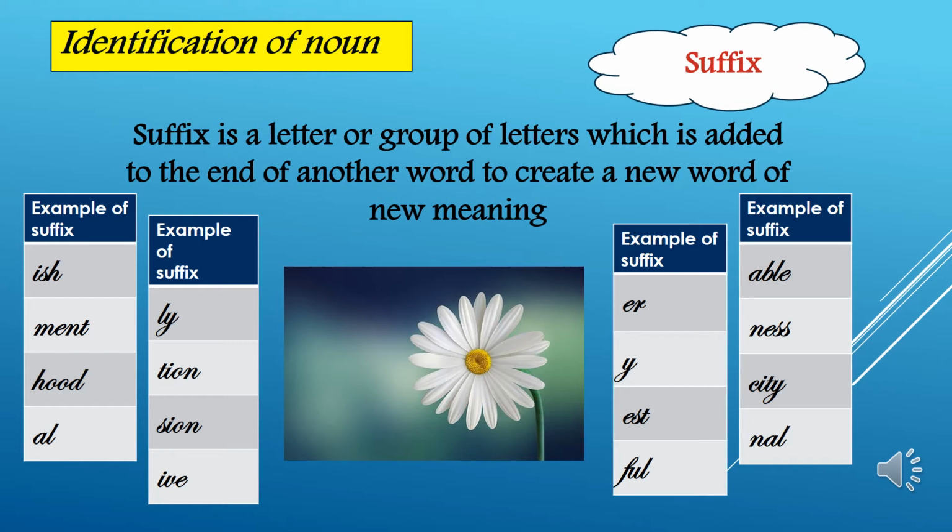To identify noun without knowing its meaning, you need to know about suffix. What is suffix? Suffix is a letter or a group of letters which is added to the end of another word to create a new word of new meaning.